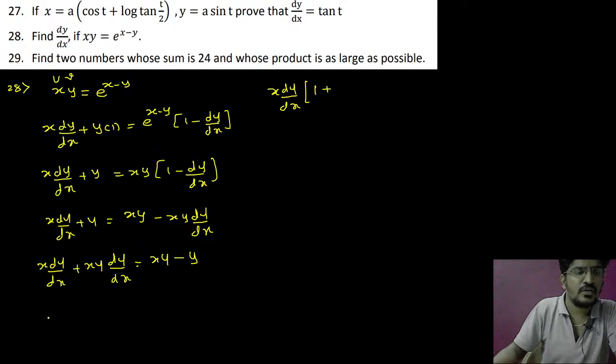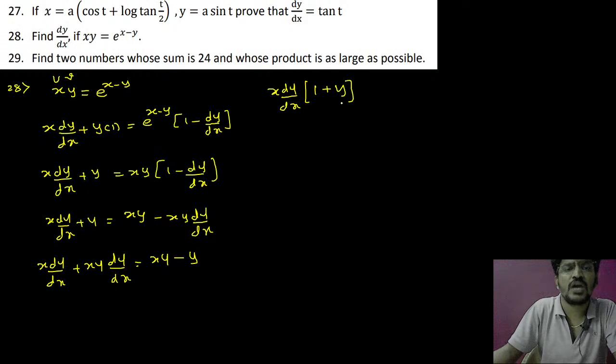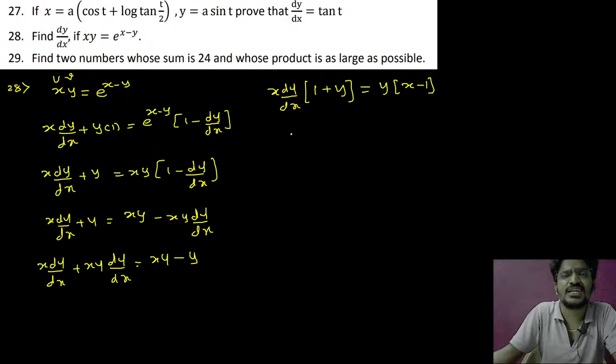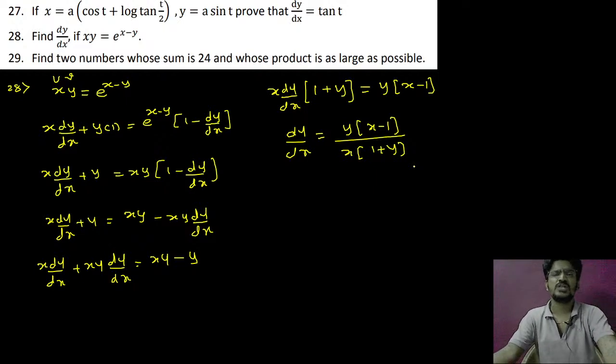Now this is equal to what? Here y is common, you can take y as common. The remaining term is x minus 1. So now you can write it as dy by dx equal to y into x minus 1 divided by x into 1 plus y. So therefore this is your answer.